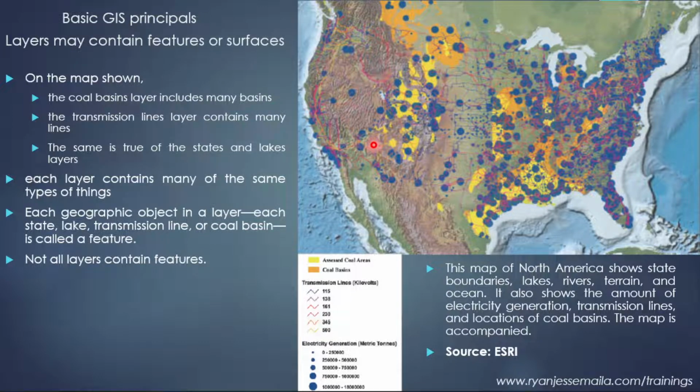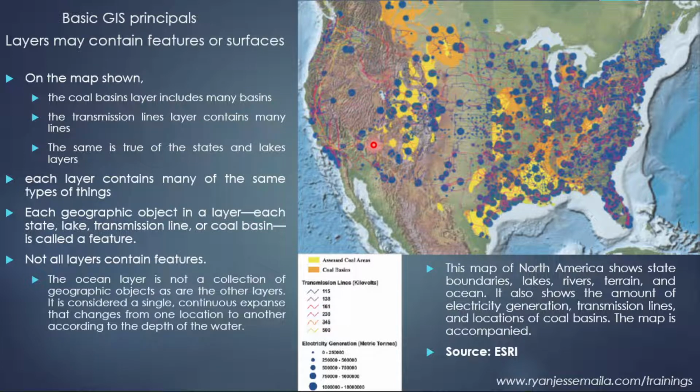Not all layers contain features. We will look at this in detail. For example, the ocean layer is not a collection of geographical objects, as are the other layers. It is considered a single continuous expanse that changes from one location to another according to the depth of the water.